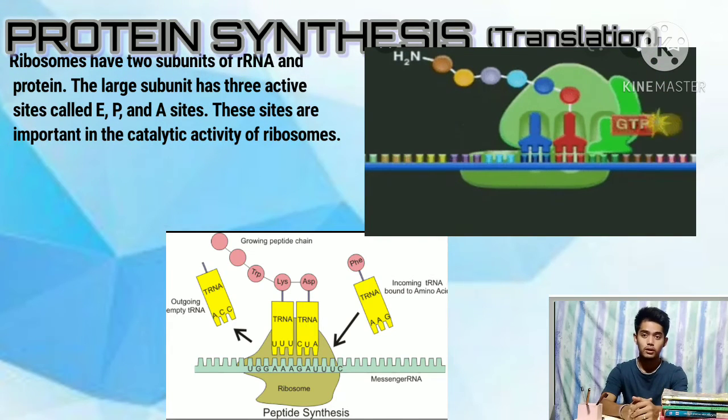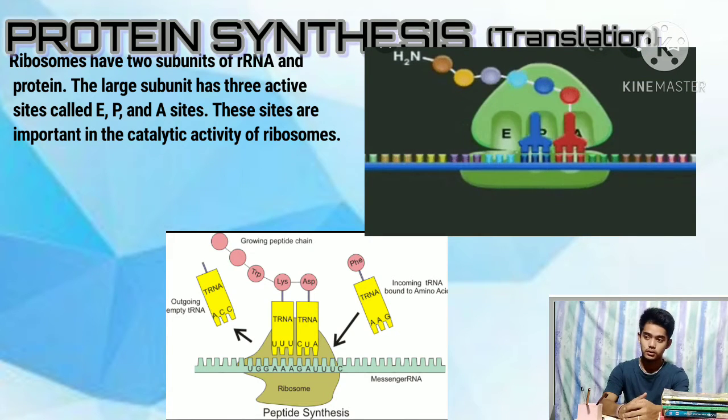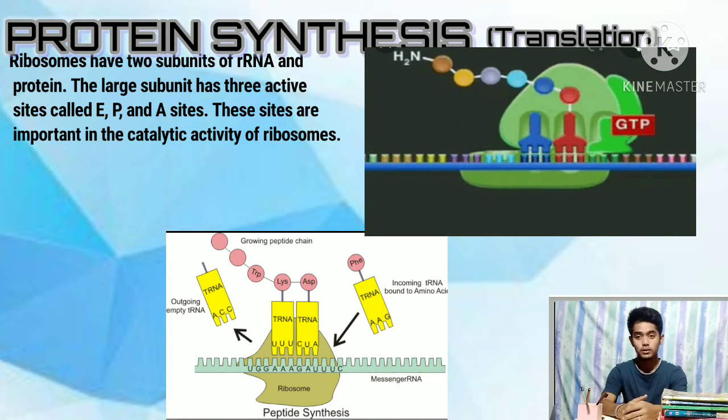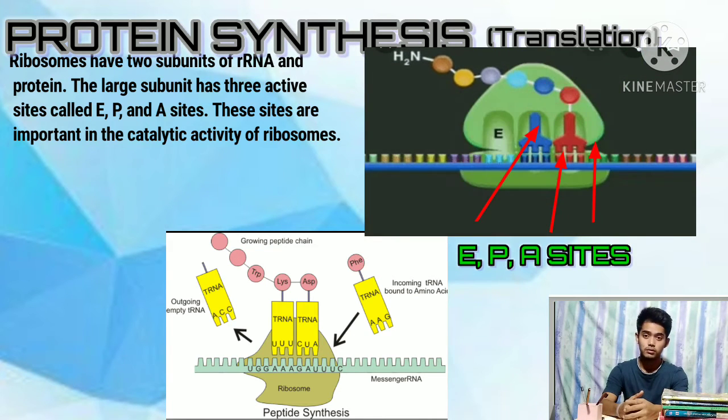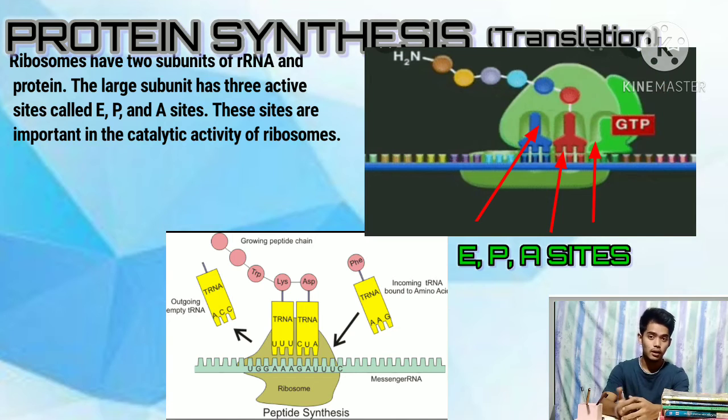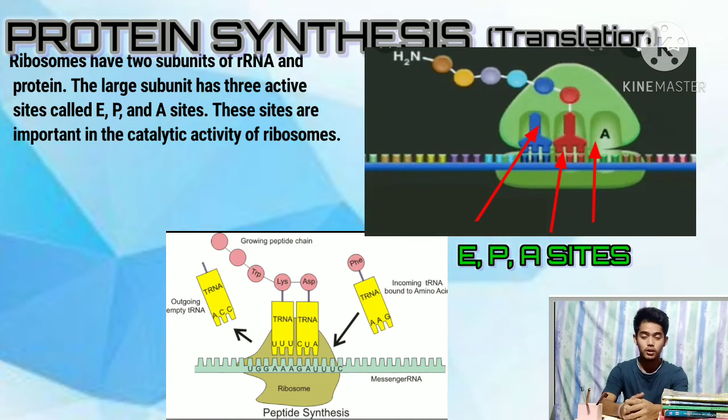Ribosomes have two subunits of rRNA and protein. The large subunit has three active sites called the E, P, and A sites. These sites are important in the catalytic activity of ribosomes to make proteins.